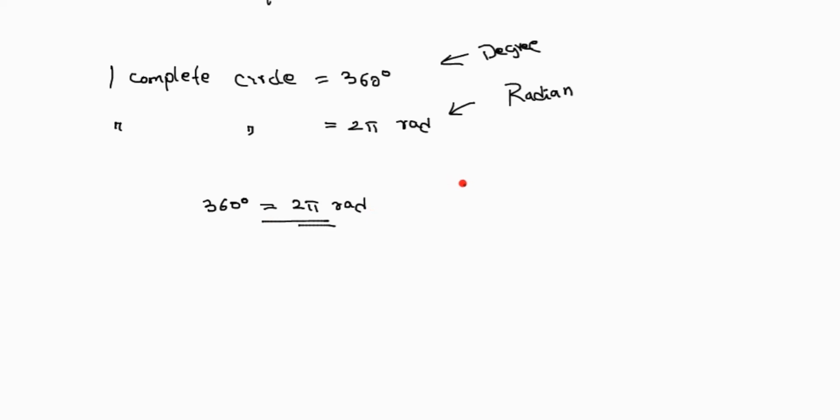So how can we convert from degree measurement to radian measurement? We'll see the conversion of degree to radian, or radian to degree, vice versa.